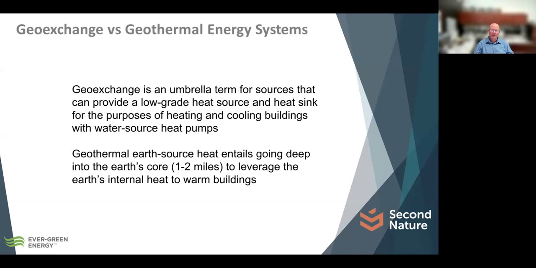So what we're going to be talking about today primarily is around the geo-exchange side.